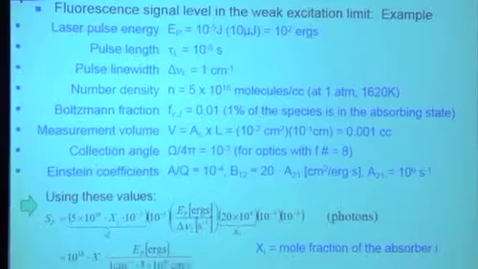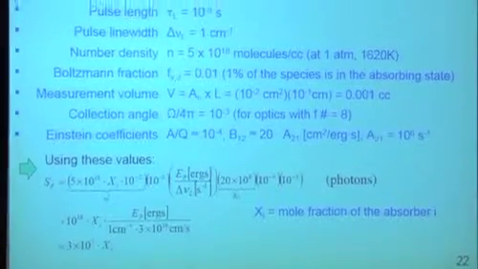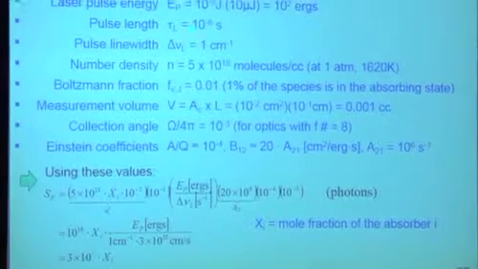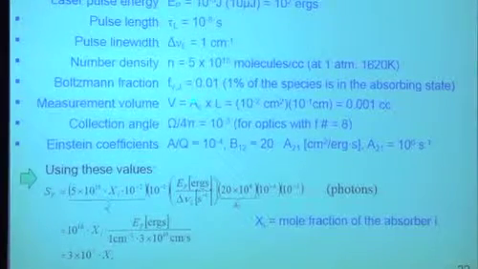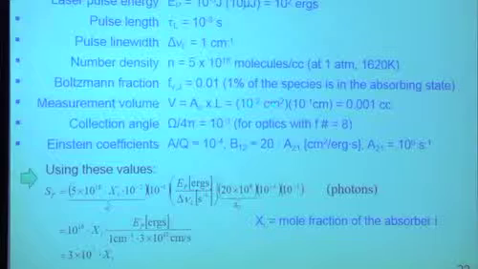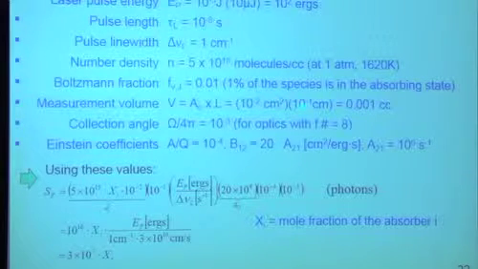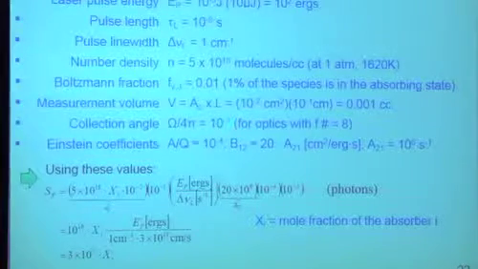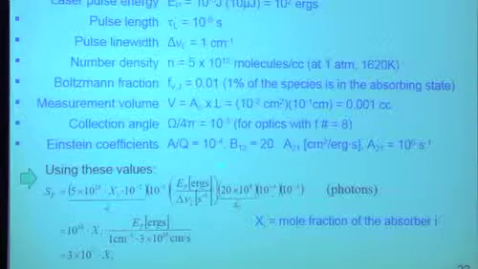I think we did an example where we calculated the Boltzmann fraction in one state and got like 2%. Take 1%. Measurement volume, say, millimeter by millimeter by millimeter, 10 to the minus 3 cubic centimeters. Collection angle, 10 to the minus 3, let's be conservative. Einstein coefficients, put those things in.